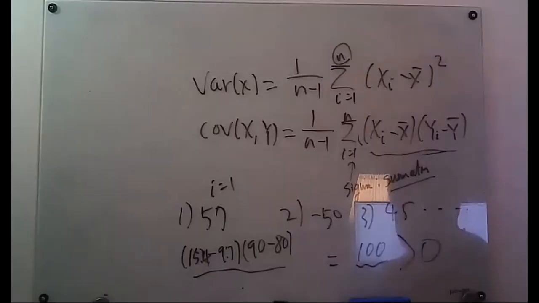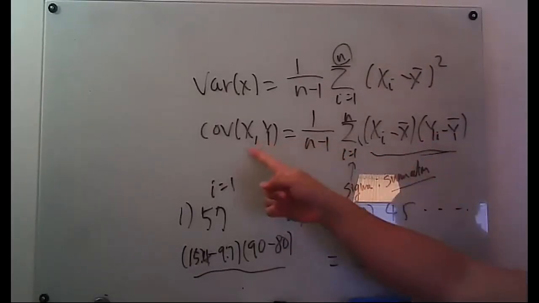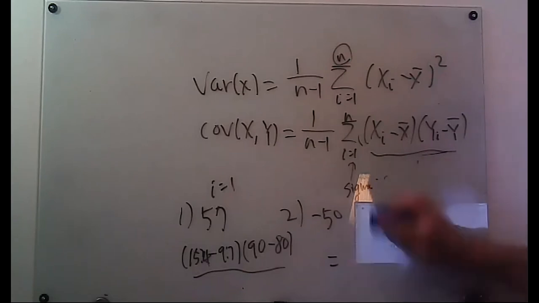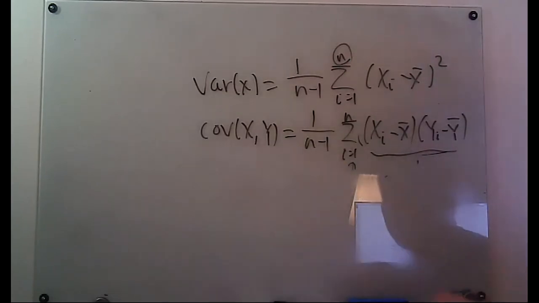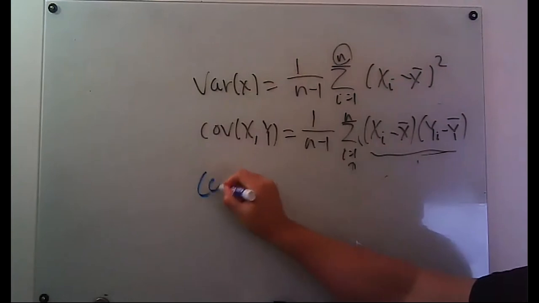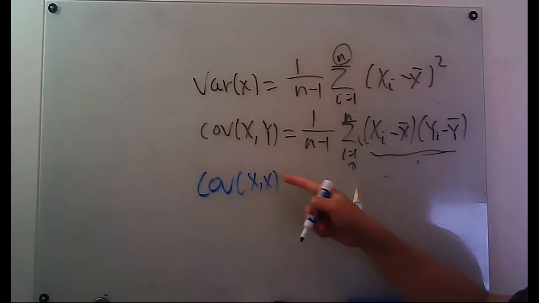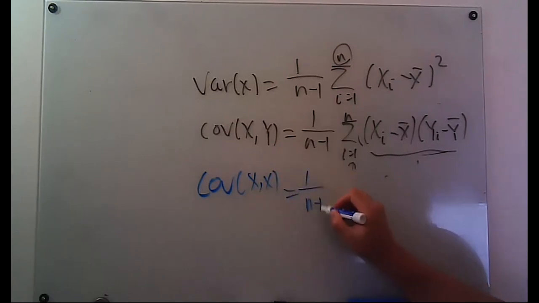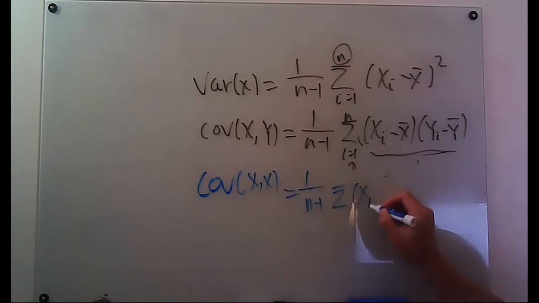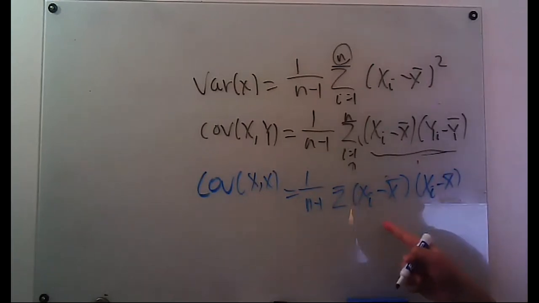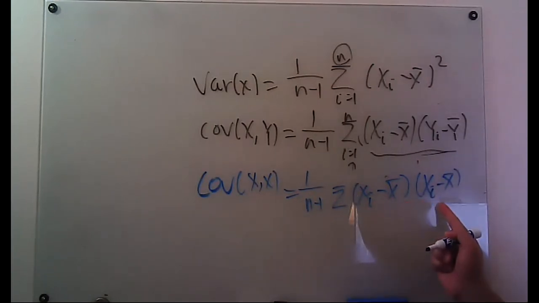If you come back to this one, let's say this was covariance of X and Y. What if you change this one to something like this? For example, you change it to covariance of X comma X. It used to be Y, now X. Mathematically it's 1 over n minus 1 times the summation of xi minus x bar, and now it becomes xi minus x bar times xi minus x bar.